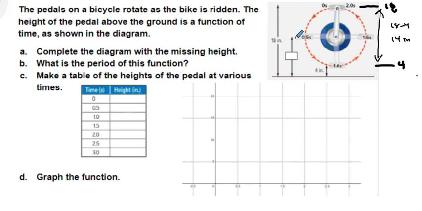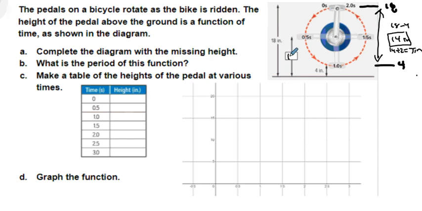If we're trying to get to the midpoint between this, and this is 14 inches, half of that, 14 divided by 2, is 7. So we would say 4 plus 7 is 11 inches. The reason I'm adding 4 is because we're starting from here, and they want to know the height from the ground.